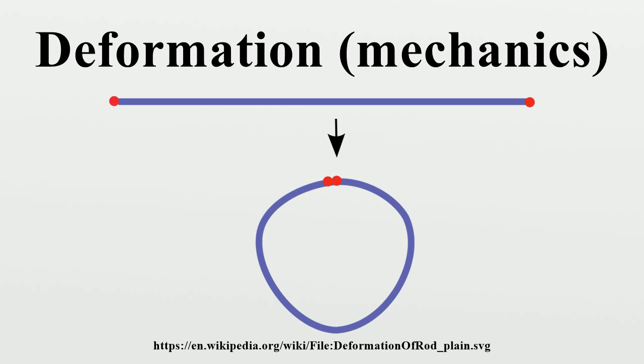The configuration at the current time t is the current configuration. For deformation analysis, the reference configuration is identified as the undeformed configuration, and the current configuration as the deformed configuration. Additionally, time is not considered when analyzing deformation. Thus, the sequence of configurations between the undeformed and deformed configurations are of no interest.